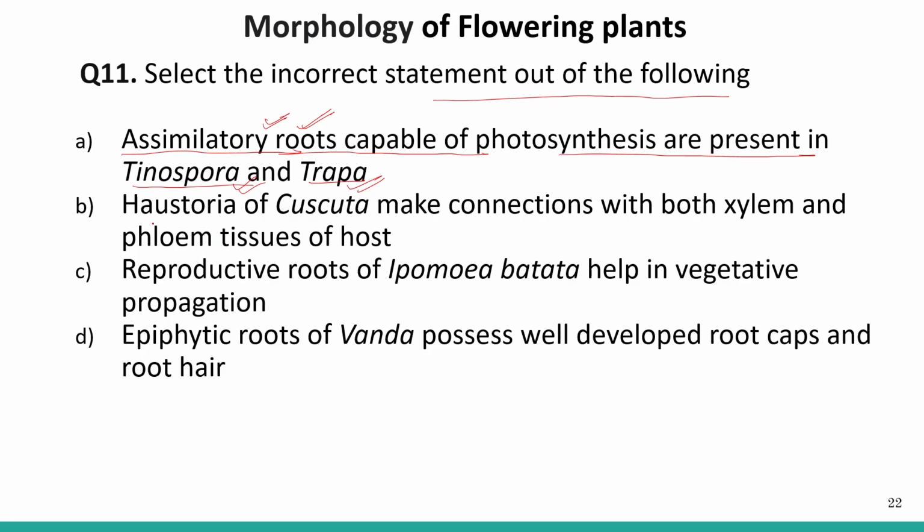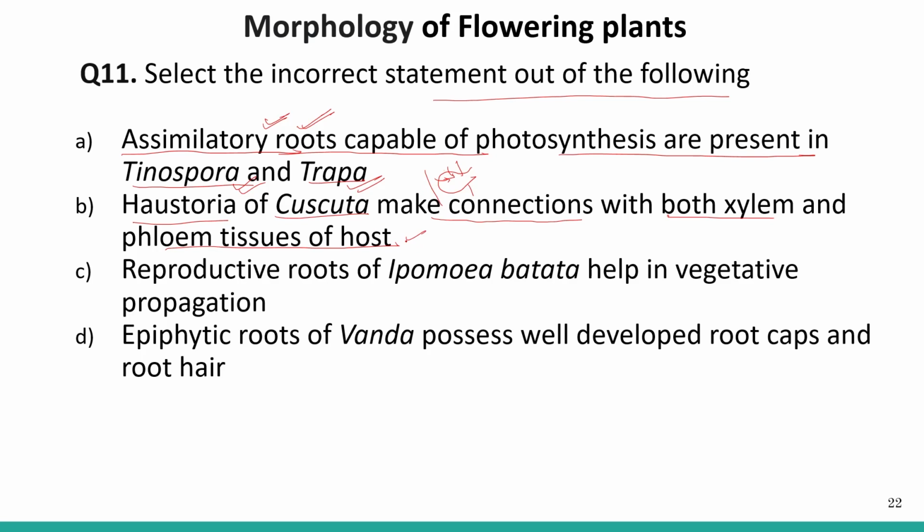Next statement, haustoria of the Cuscuta or the dodder plant make connections with both xylem and phloem tissues of the host. So they take the haustoria inside the cells of the host tissue, and that haustoria may reach the xylem and phloem tissue of the host to absorb both water and food.